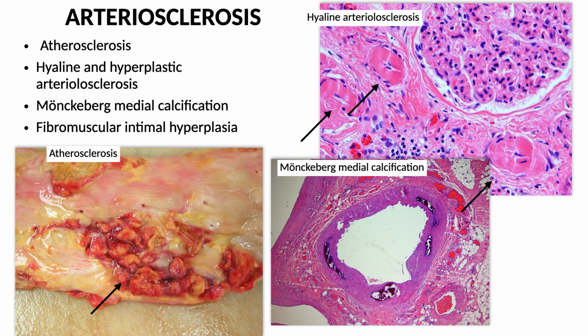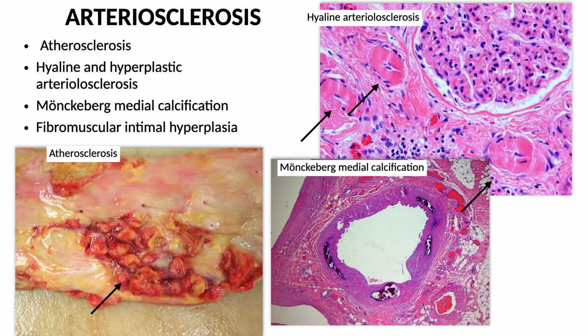So arteriosclerosis, there's actually 4 types of arteriosclerosis. There's atherosclerosis, hyaline and hyperplastic arteriolosclerosis, Monckeberg medial calcification, and fibromuscular intimal hyperplasia. A lot of this lecture is going to be on atherosclerosis, but also arteriosclerosis as related to hypertension. On the bottom left, you see an opened aorta.